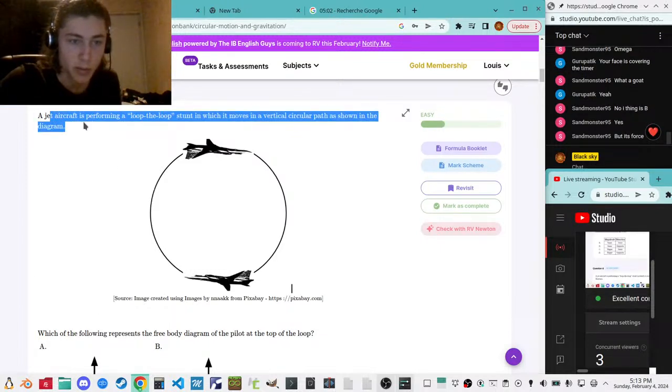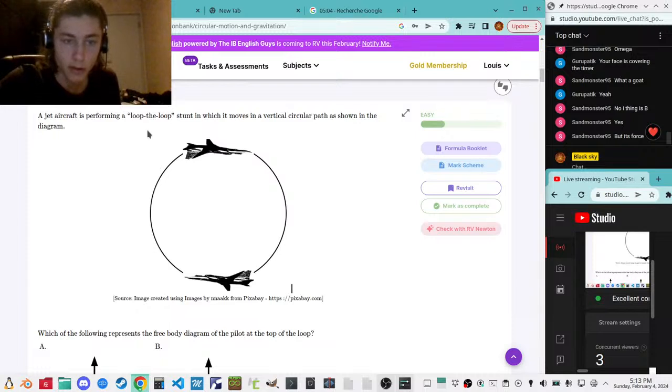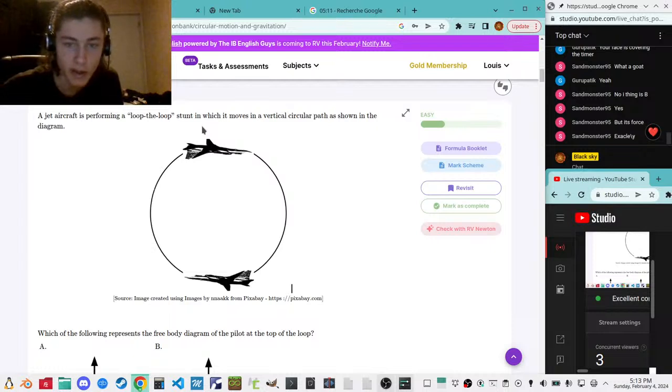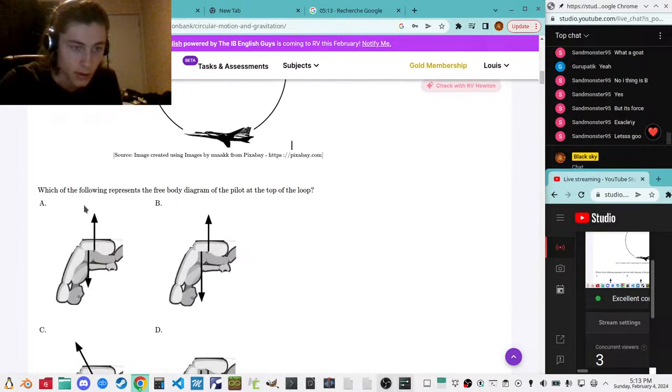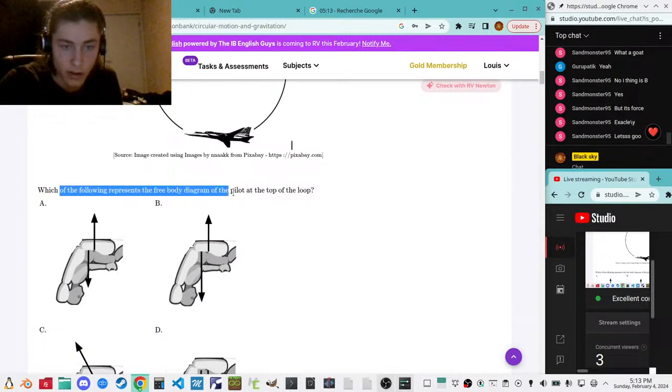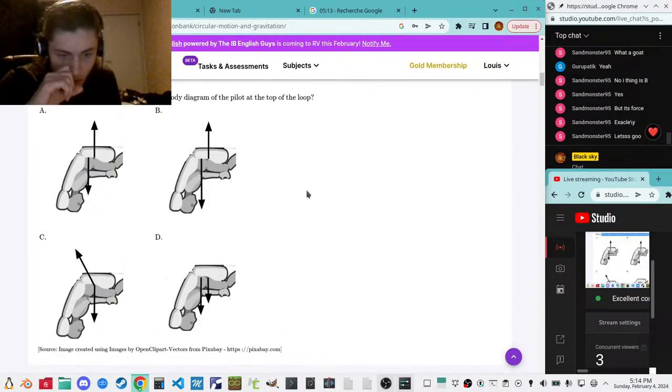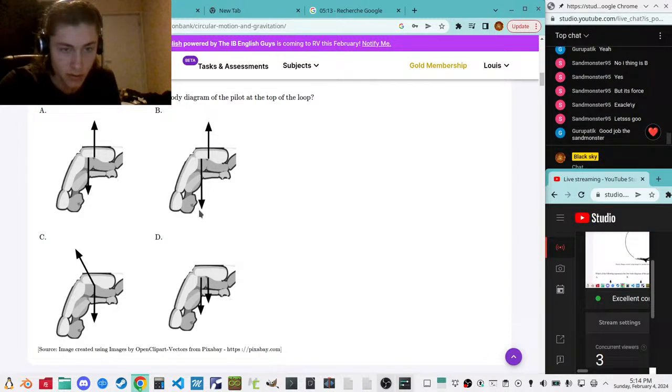A jet craft is performing a loop-de-loop stunt in which it moves in a vertical circular path as shown. Which of the following represents the free body diagram of the pilot at the top of the loop? Yeah, it has a thing inwards.